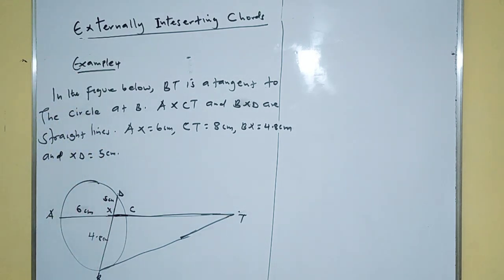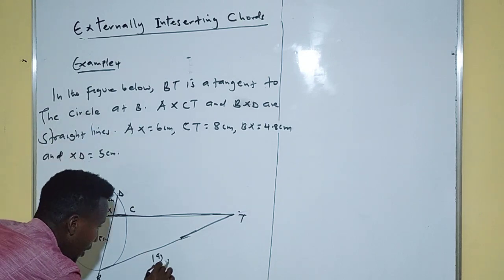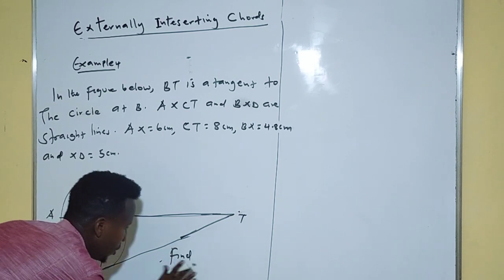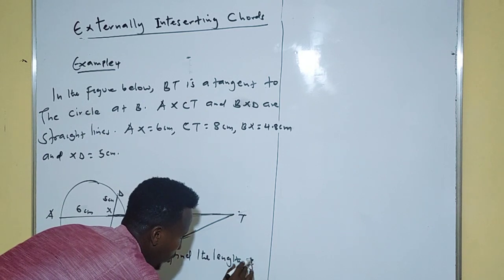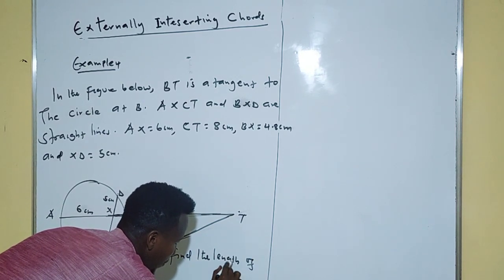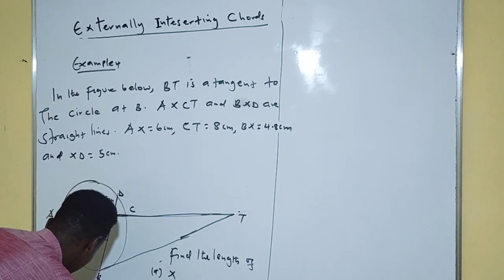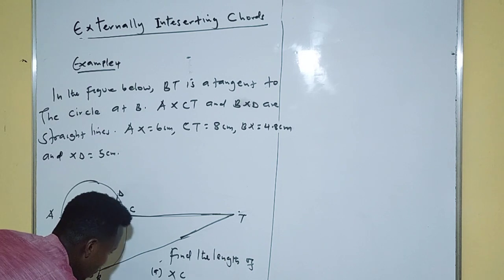So what are we lacking? Can't you see now we are lacking XC already, we don't have it. So that's the first question. Question A: find the length of XC.